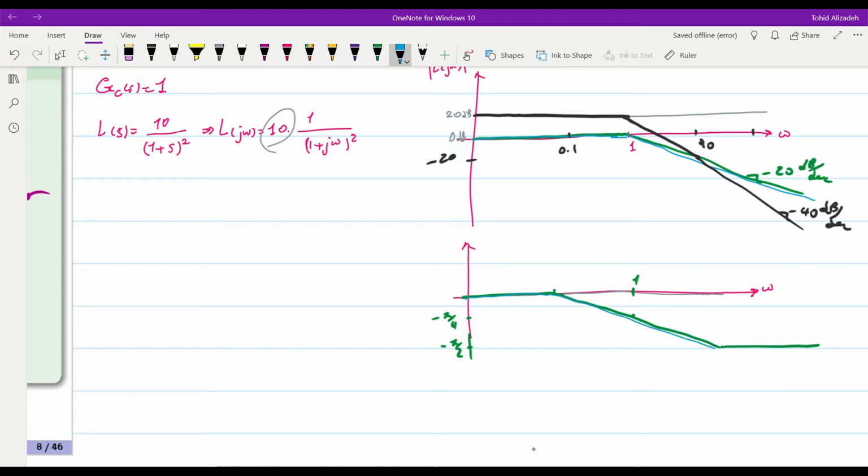The one in blue will be the approximate phase for the second component. And in total, we will have minus pi over 2 at omega equal to 1 and minus pi after omega equal to 10. So this will be the approximate phase plot for this system.